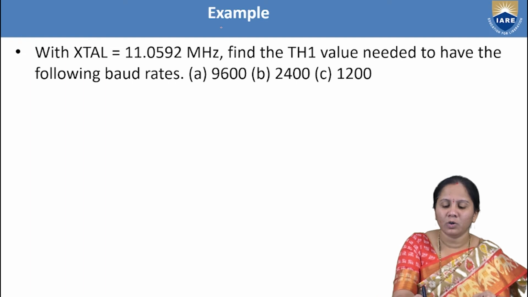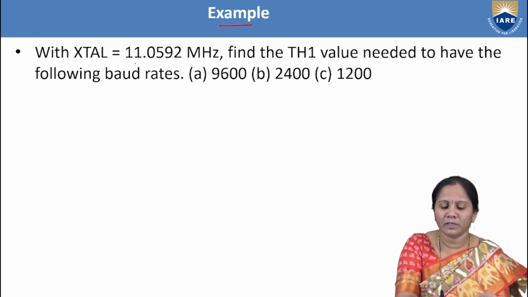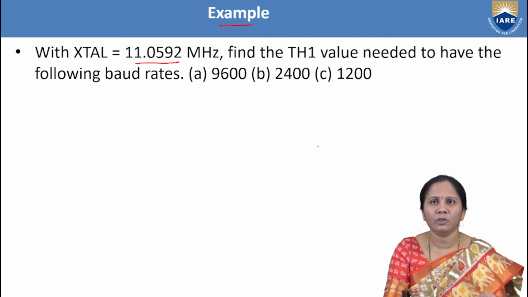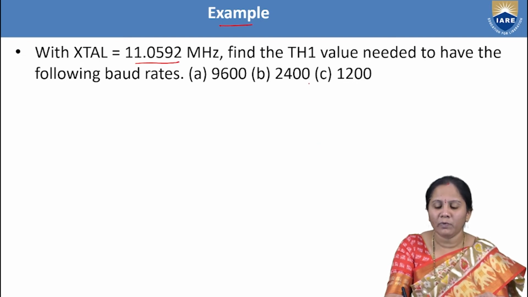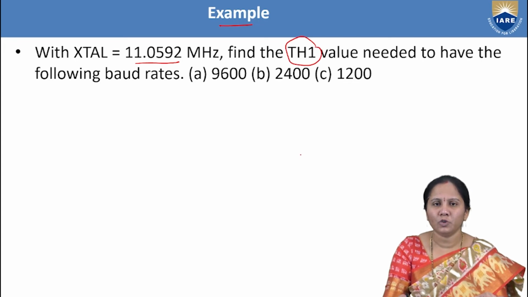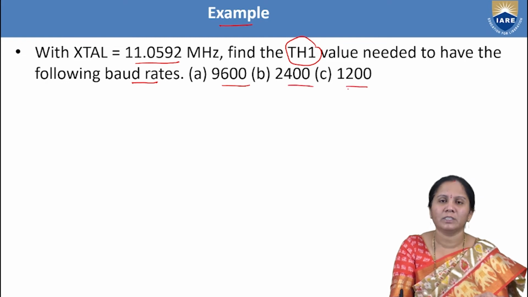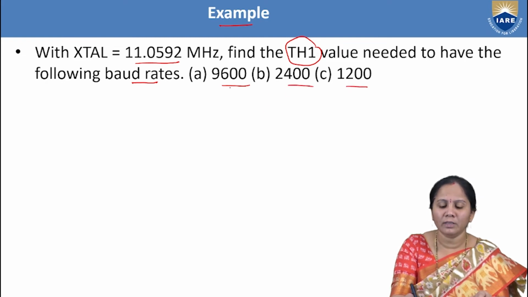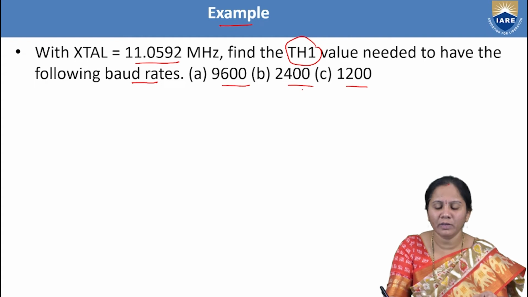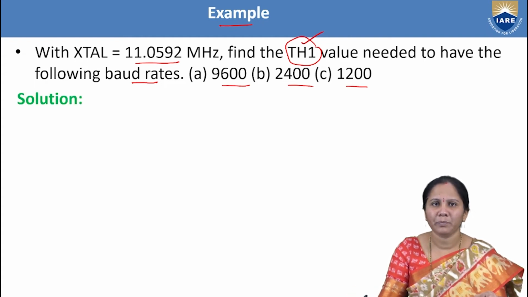Now, for example, if we consider here, the crystal oscillator frequency is 11.0592 megahertz and we have to find the value of TH1 that is needed in order to produce the following baud rates. These are the baud rates given. We have to find the value of TH1.